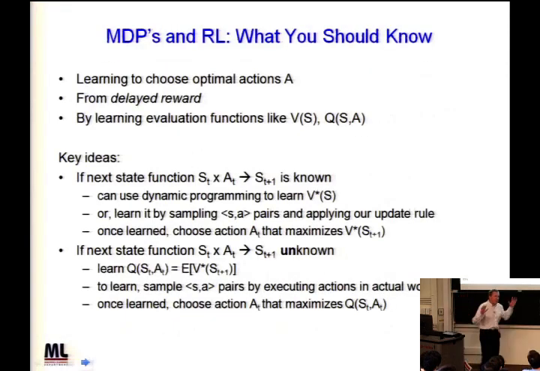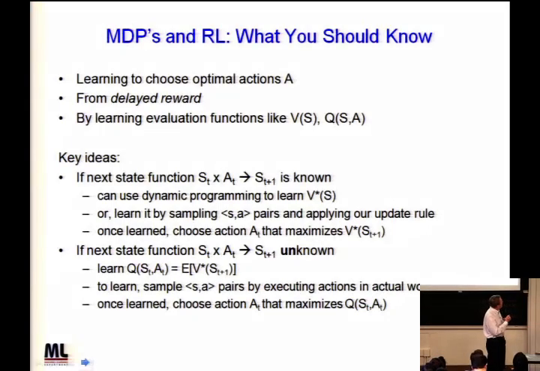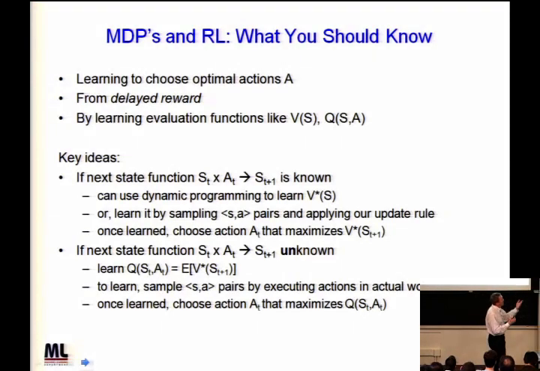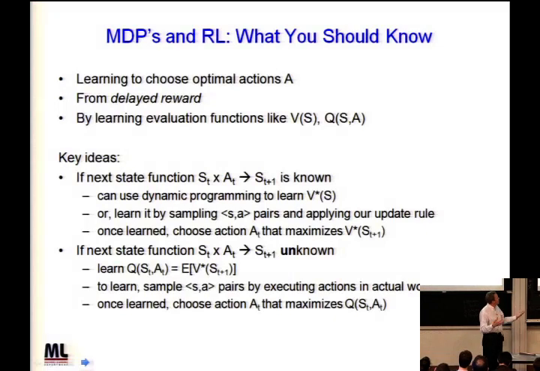Okay, so let's end this by summarizing. Here are the main points of Markov decision processes in reinforcement learning. You should know about the model we're talking about. And then we really talked about two key algorithms.